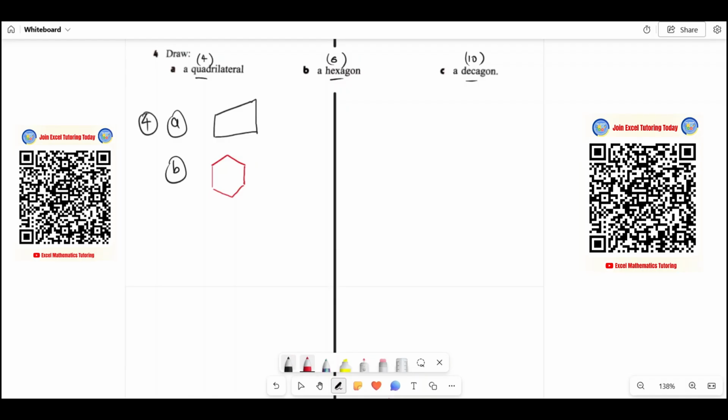And the next one, C. So we just need to draw a decagon. Drawing that is a little bit difficult.